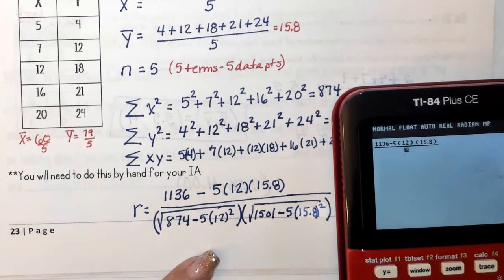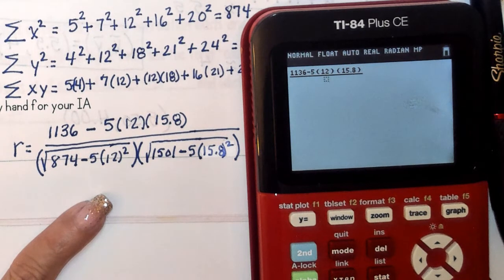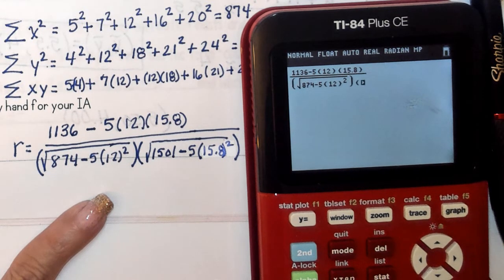On the bottom, I'm going to have parentheses, second square root, and then 874 minus 5, parenthesis, 12 squared. Move out from underneath the radical. Close your parenthesis and then put another parenthesis, and then second square root, 1501 minus 5 times 15.8 squared.